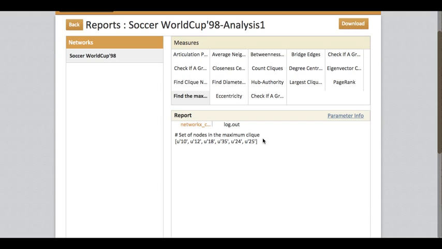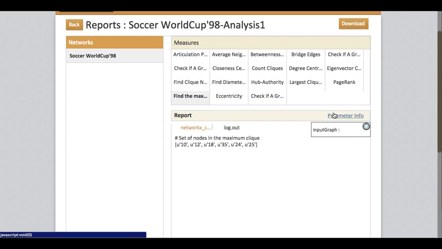Formatting problem, or the U might mean something else that I do not know, but that's the maximum clique of the network and the maximum clique content. Okay, the maximum clique of my entire network.